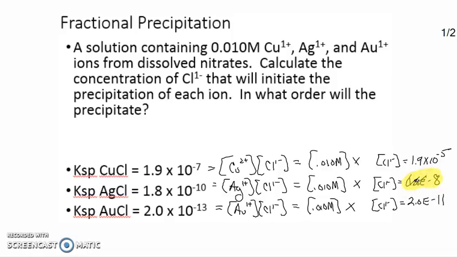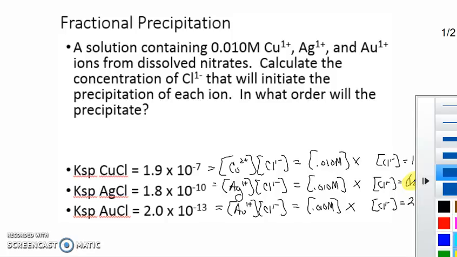At that moment, then the silver chloride is going to start to precipitate, but not quite all of the gold chloride is going to precipitate out either. So we pause the titration, collect out all of the solid precipitate that we would have made at that point, knowing that it's pure AuCl, and then continue to increase the concentration, stopping just before we hit the 1.9 times 10 to the negative 5th concentration.